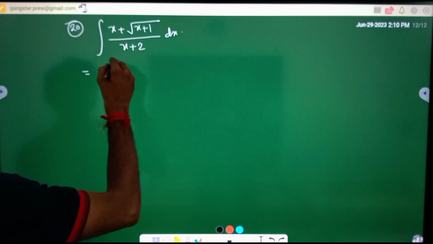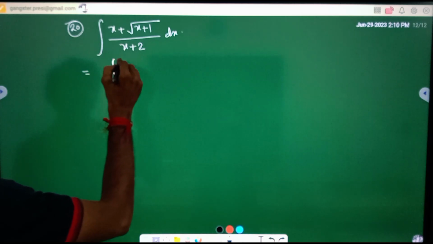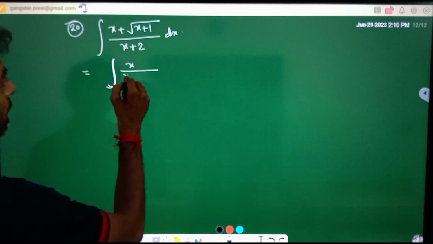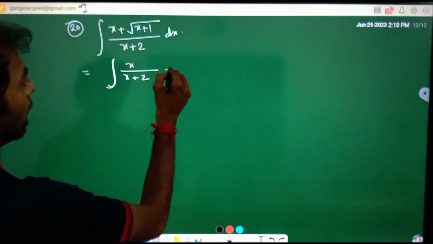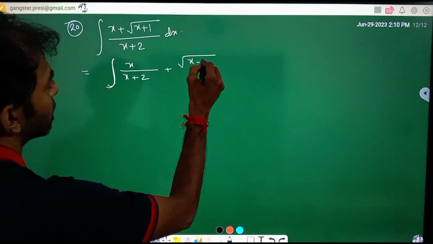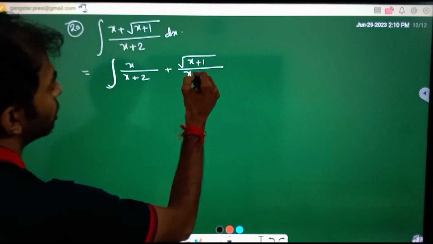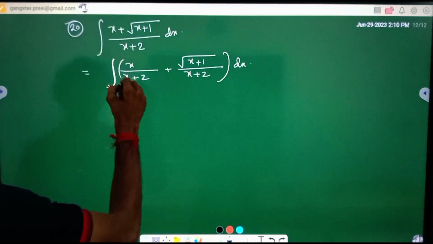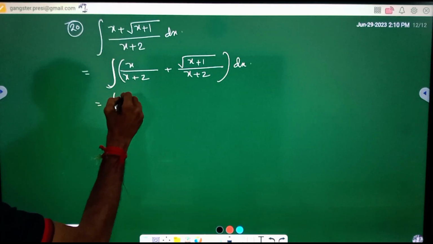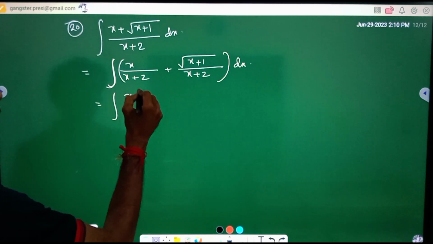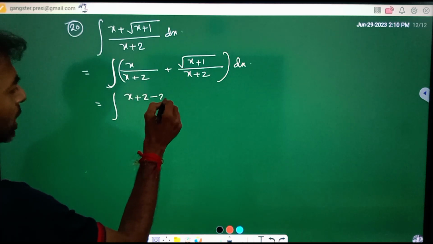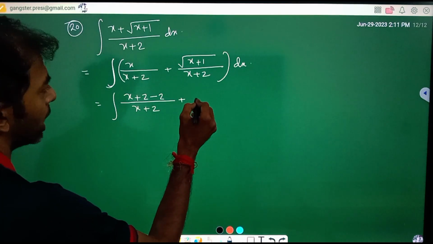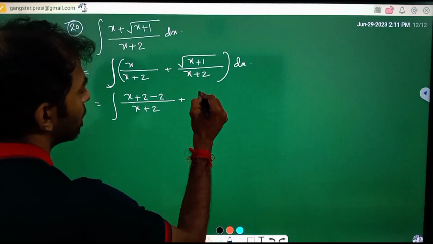I'm going to break this one as x plus 2 and under root x plus 1 divided by x plus 2 dx. After this step, I'm going to write this as x plus 2 minus 2 divided by x plus 2, and this one as under root x plus 1.